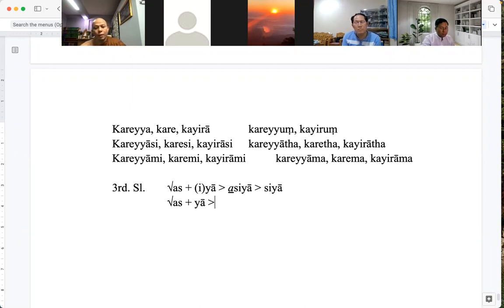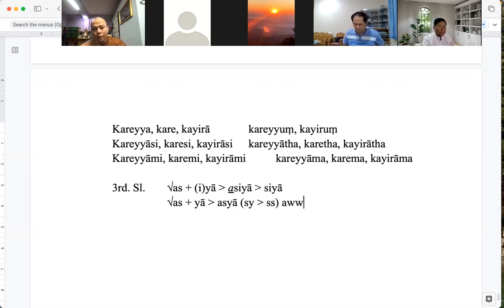So that is why we have a-s-ya. Now we see different consonants together, which is not going to stay the same. We need to make them assimilated. So now sa and ya are assimilated as sa sa.